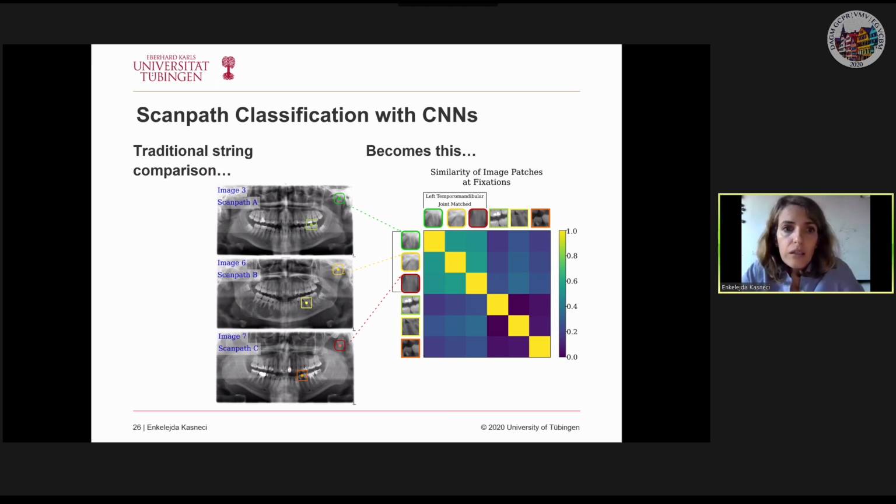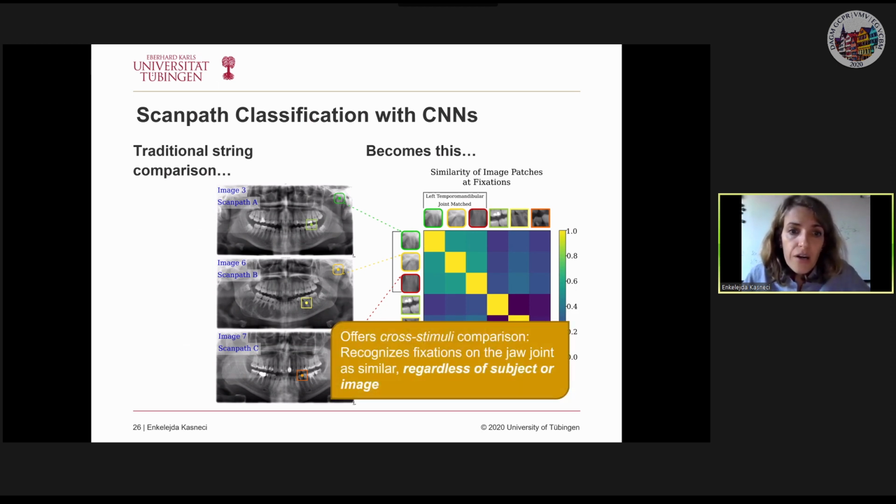So, like in the example, when the jaw joint is fixated in any of the images, the fixations are considered similar. And it can also work for mirrored structures, left and right, for example. So the idea is to offer a cross-stimuli comparison regardless of subject or image.